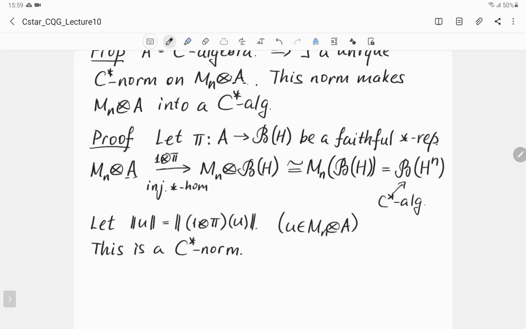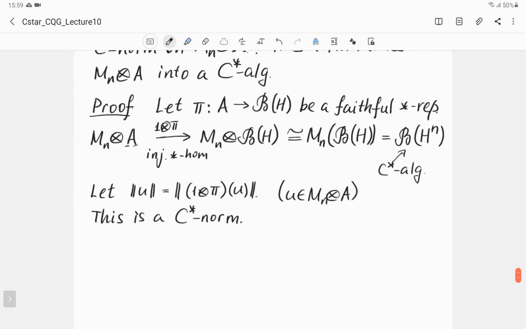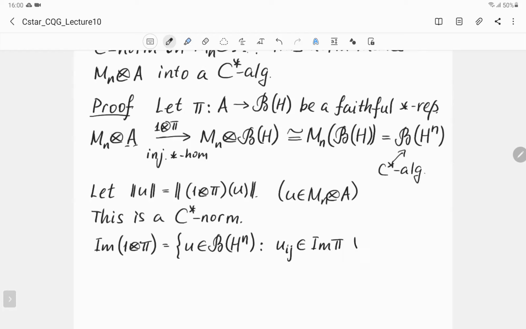Well, why is it complete? It's a simple exercise to show that the image of our homomorphism, one tensor pi, consists of those operators U on H^n such that, after we identify U with the respective matrix of operators on H, each entry U_ij belongs to the image of pi for each i and j.